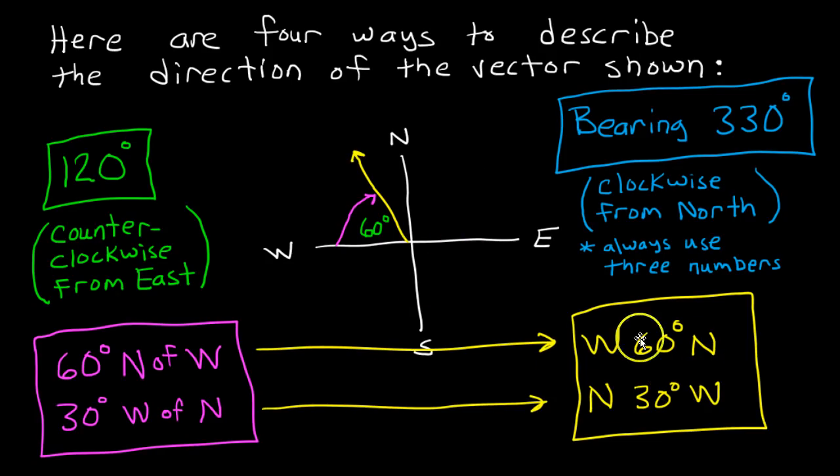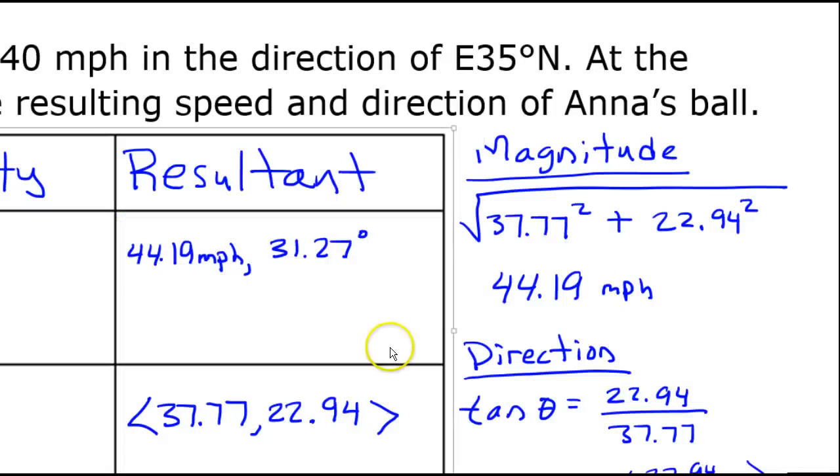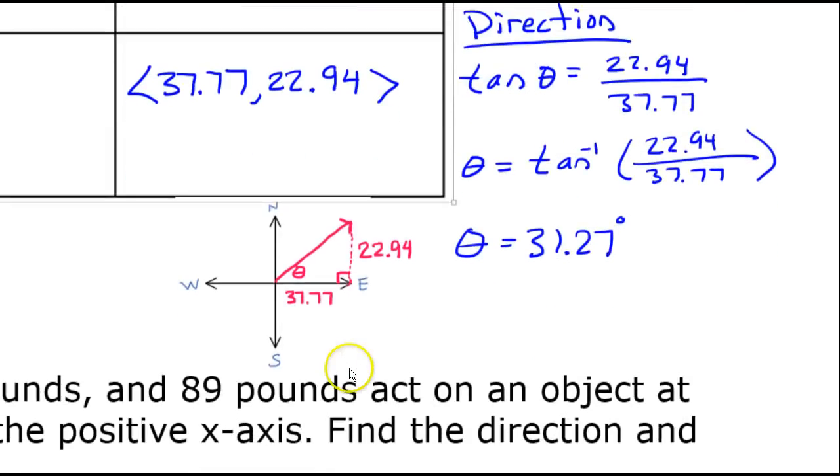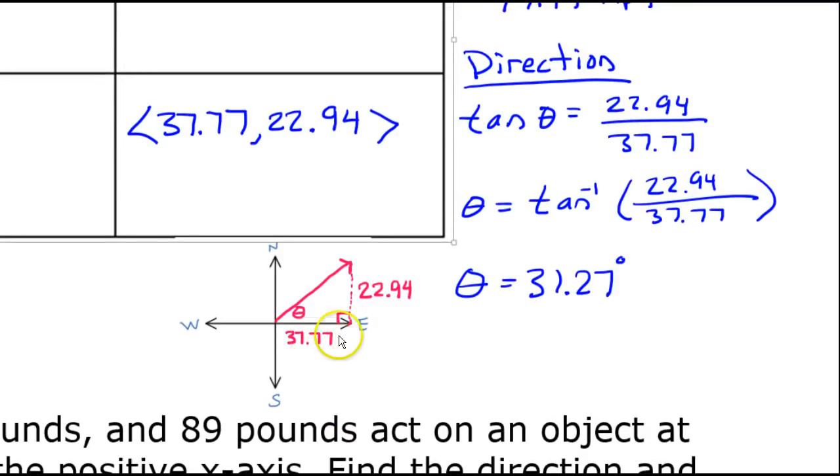We were given this yellow form of direction. So you have to write your direction in the same type of form that you're given in the original problem. So we need to convert this back to a direction that looks like this. So what am I going to do?